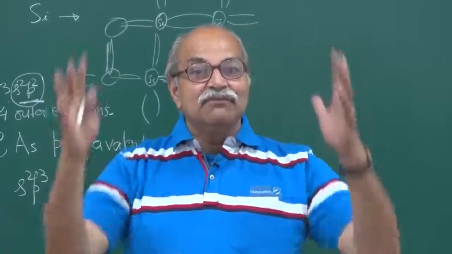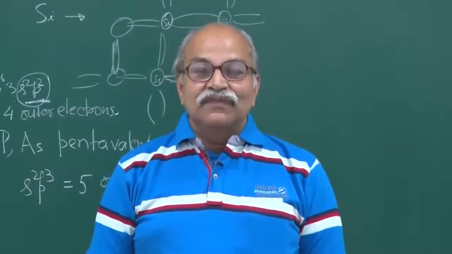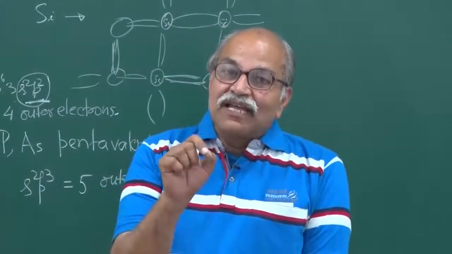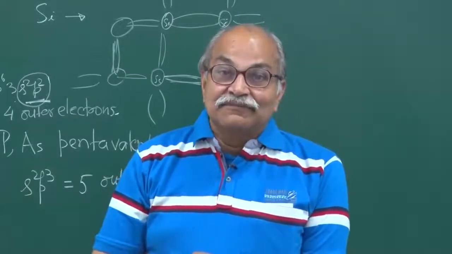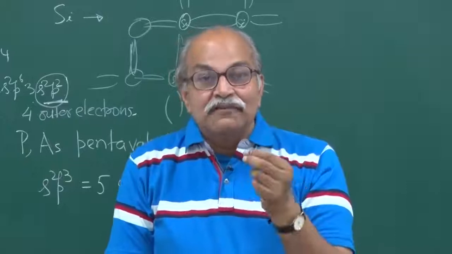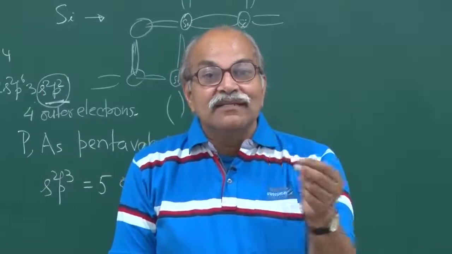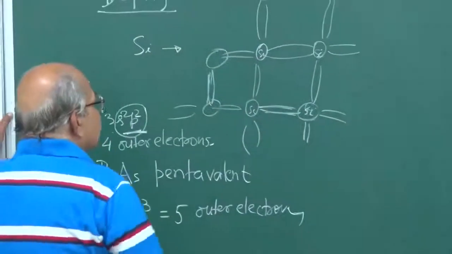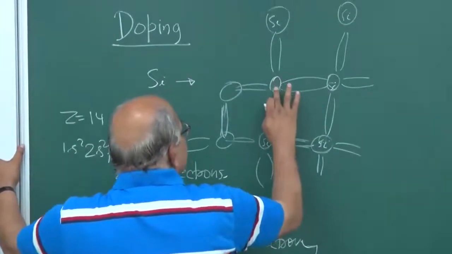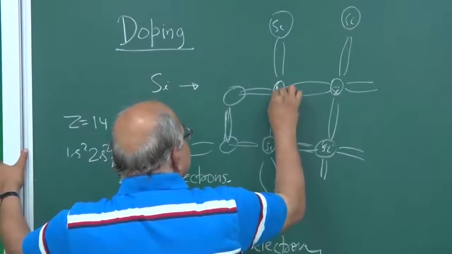We have that same structure of silicon, and some of the silicon atoms are replaced by arsenic atoms. That is known as doping. We have doped arsenic into silicon. So suppose a particular silicon is now replaced by arsenic.